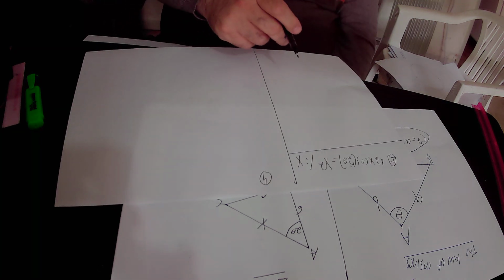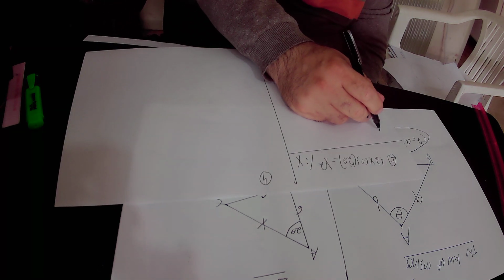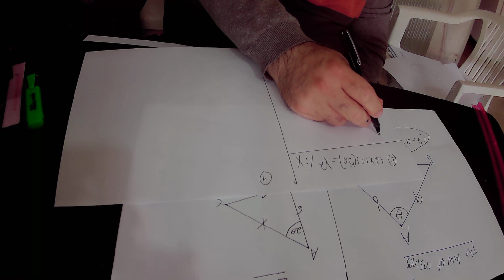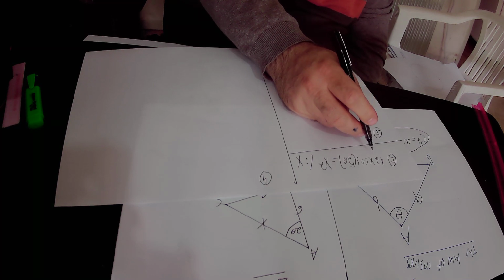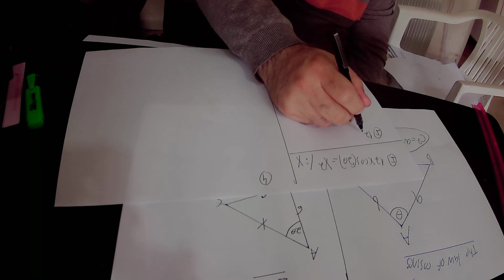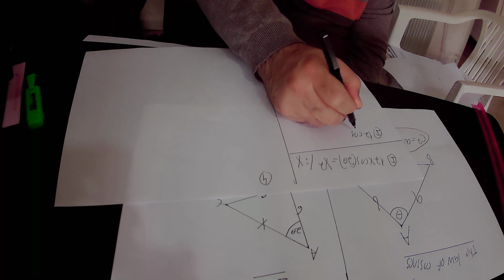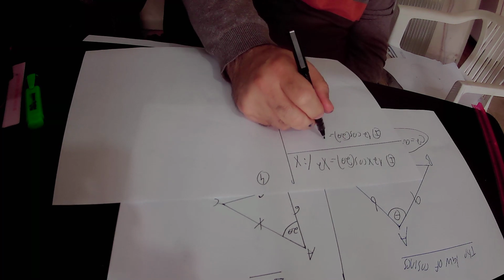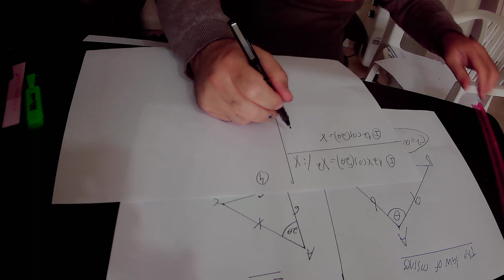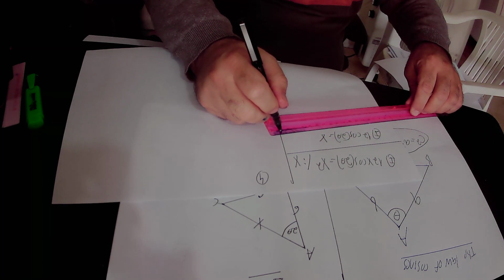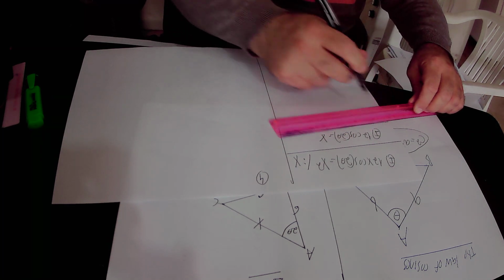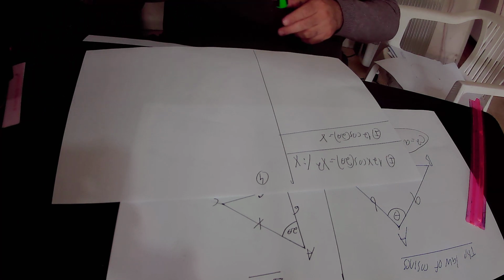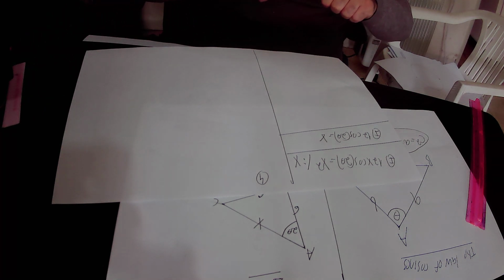So we divide equation number 1 by x and we get that x over x is 1, so 12 times cosine 2 theta equals x squared over x, which is x. So in conclusion, we found out that according to equation number 1, 12 times cosine 2 theta equals x.